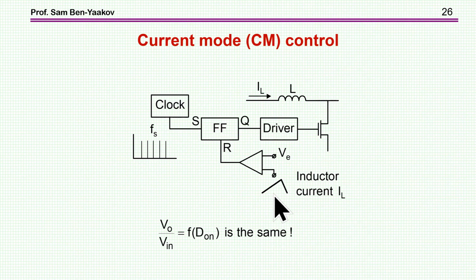Now, this process does not depend on the voltage here. That is, it's just looking at the current of the inductor. When it's getting to a certain value, it is changing the state of the gate drive. So therefore, a current mode controlled PWM converter should not be sensitive to the gain margin.